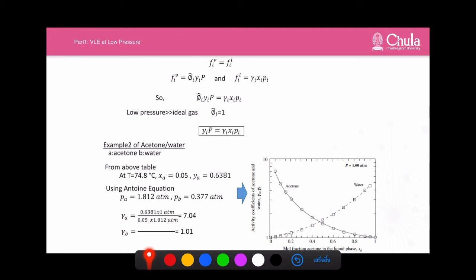In the same way, for water, over the range, activity coefficients are greater than 1, and it approaches 1 when our system contains pure water.